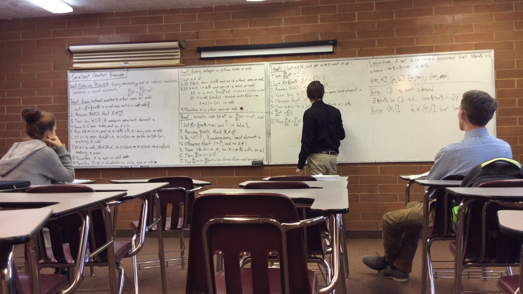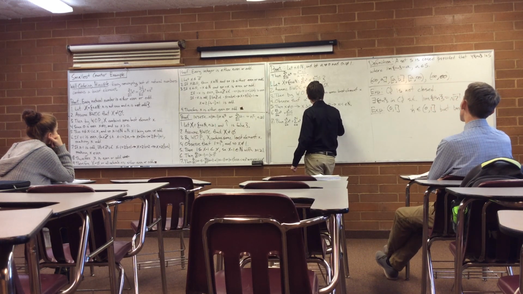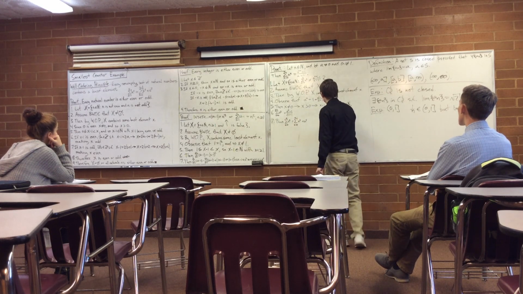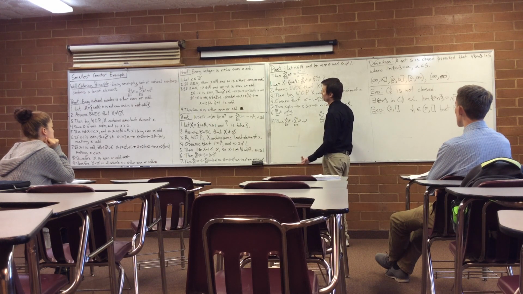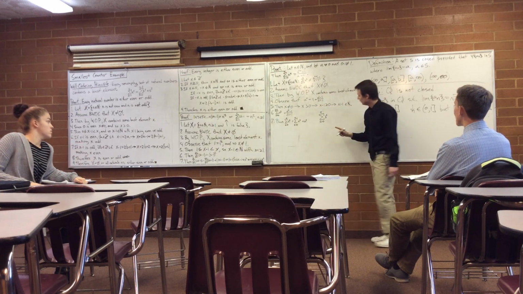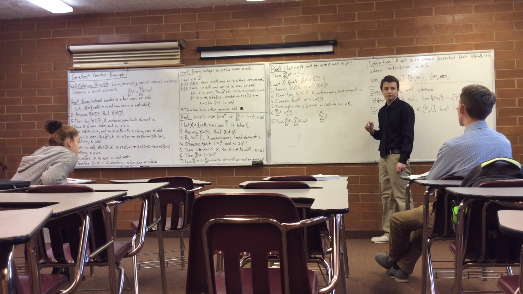Pick a number, 5, and pick an a that can't be 0 or 1. Let's say 3. So we're going to sum up from k equals 0 to 5 of 3 to the k.